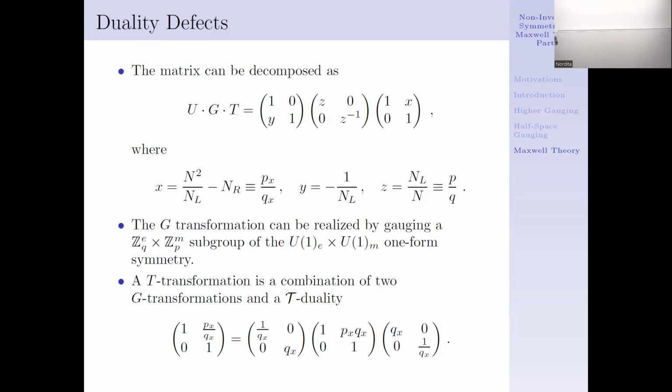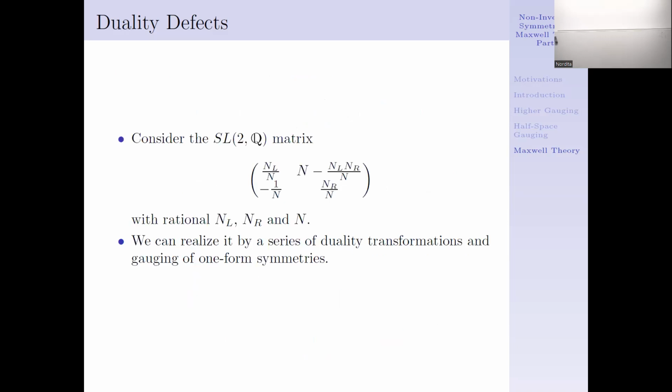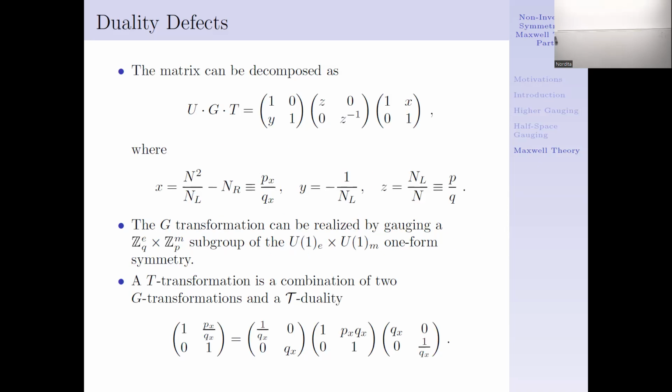And lastly, U is basically S times T. So at the end of the day, we can realize this SL2Q matrix acting on tau with a series of gauging subgroups of the one-form symmetry and elements of the SL2Z duality group.